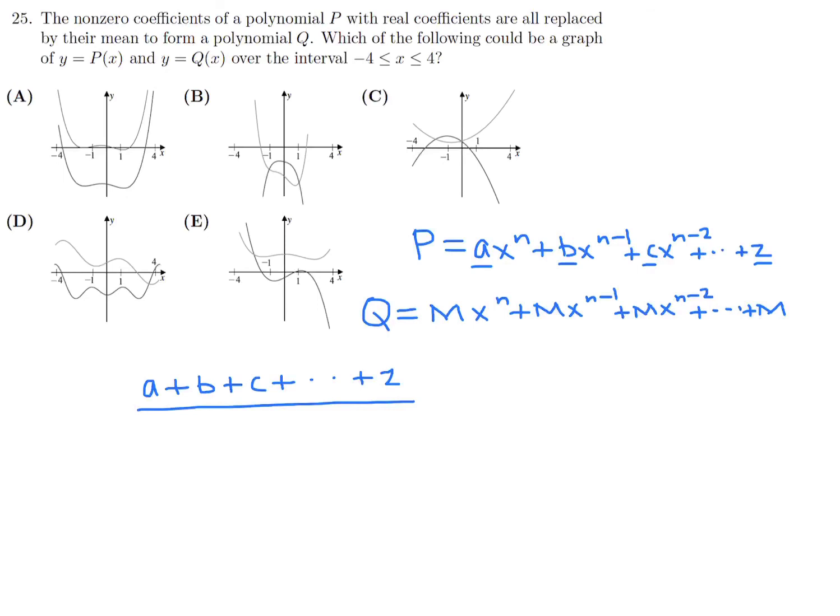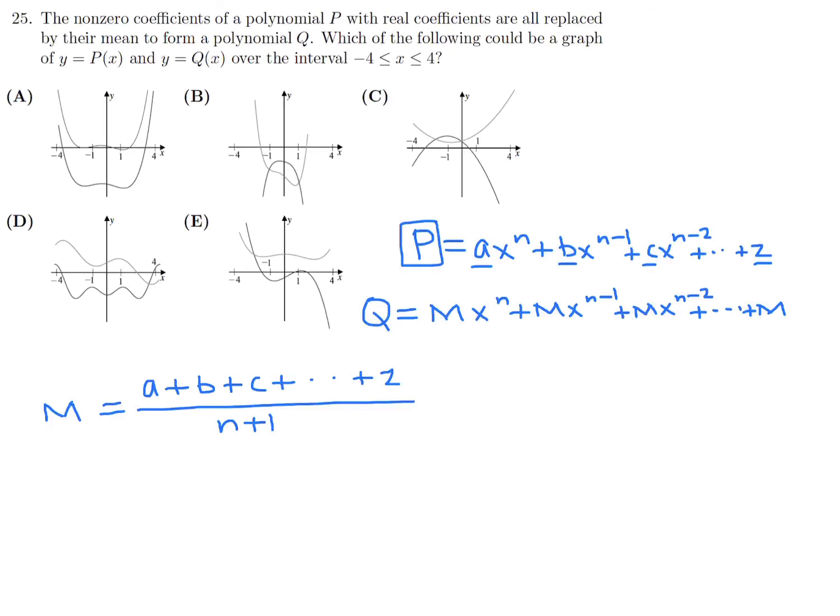Well, there's n all the way down to 1, and then there's one final one, z, because z doesn't have an x with it. So that means there's n plus 1 coefficients in p. And that is what m is. It's the sum of all the coefficients divided by the number of coefficients, and the number of coefficients is n plus 1.